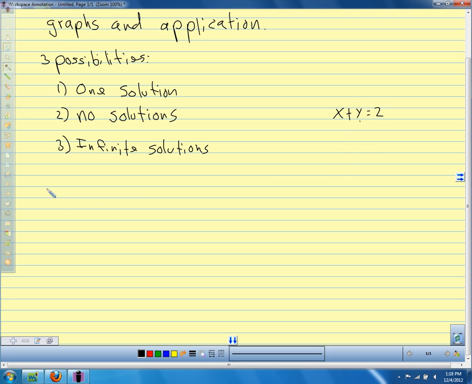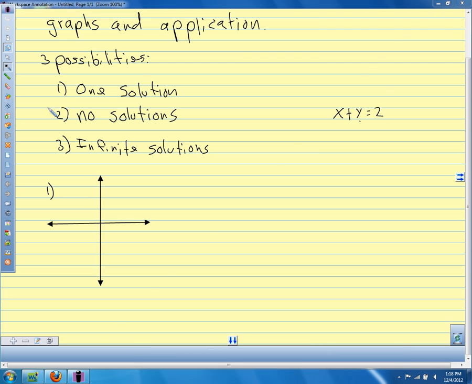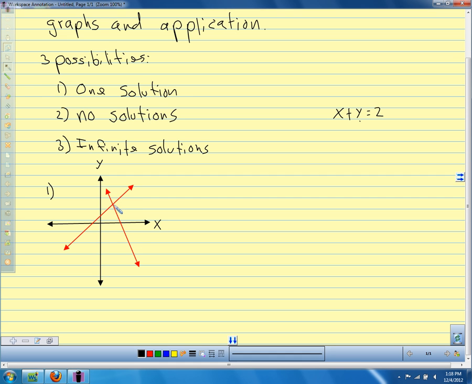So for the first case, I'm just going to draw my x and y axis, just make a sketch here. We're not going to be really fancy. When we graph a system of equations and we have one solution, what we end up with is two lines that just cross in one point.